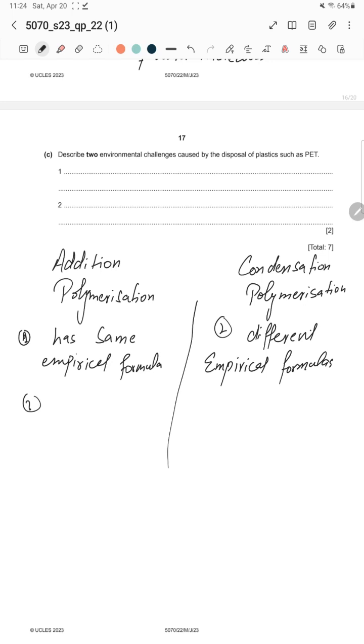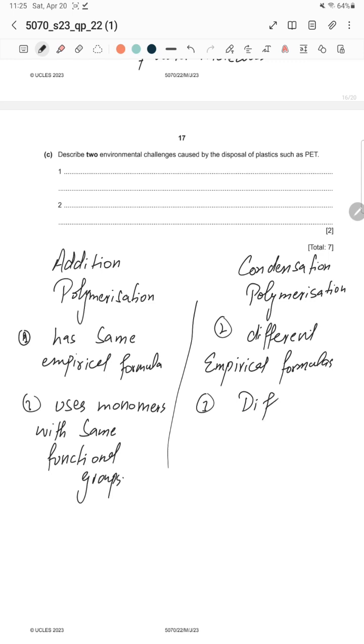Number 3, addition polymers use monomers with the same functional group, and here different functional groups are present, like alcohol and carboxylic acids.